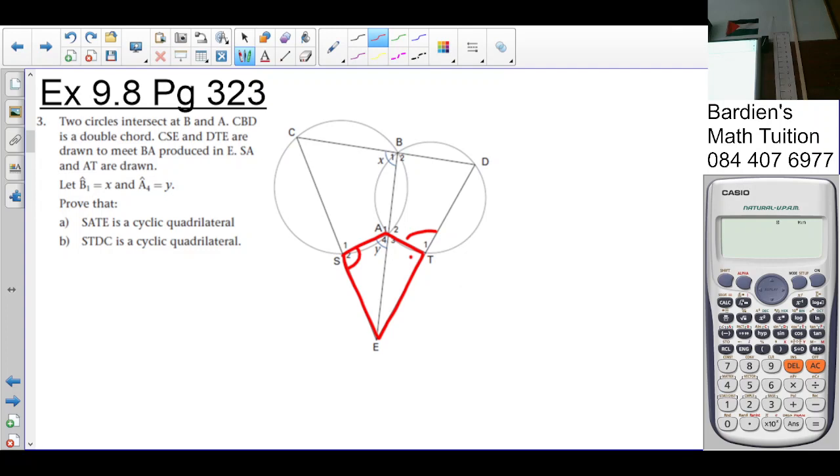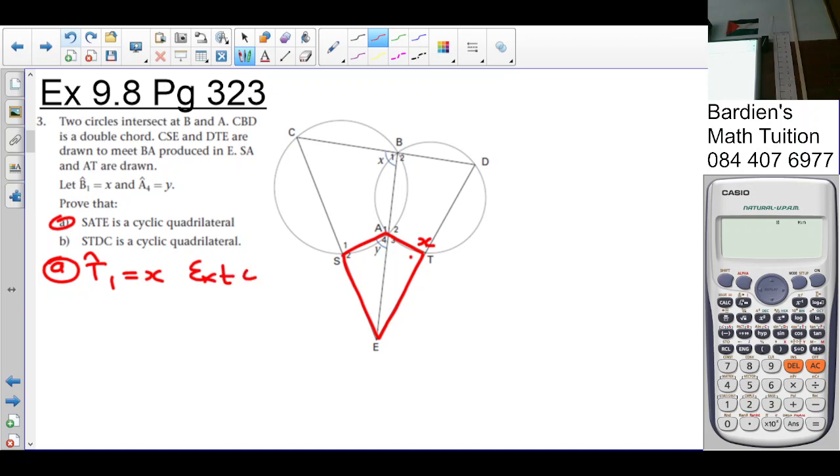Alright, so let's see. People, angle T1 is equal to what? I know you guys did the work, no? Okay. T1 is equal to X. Why is T1 X?